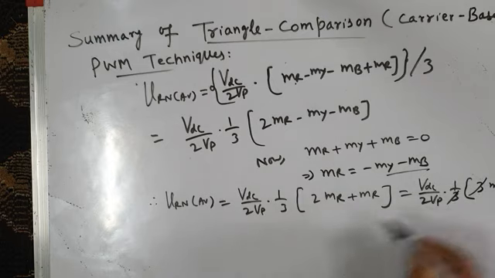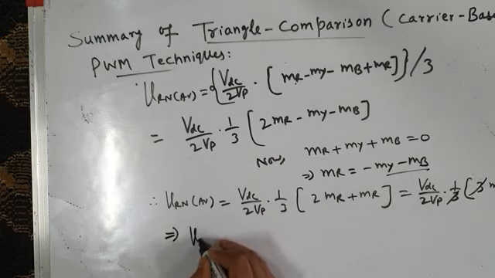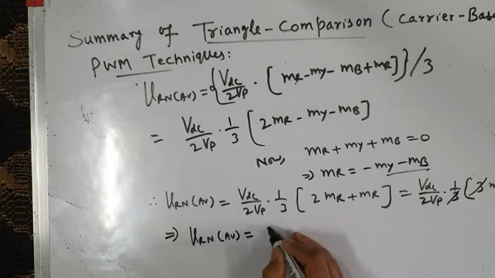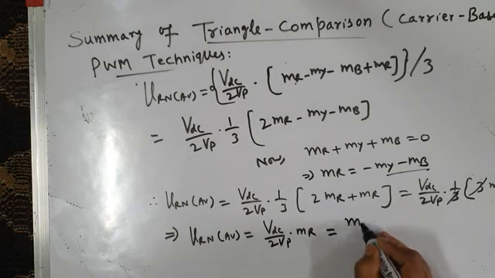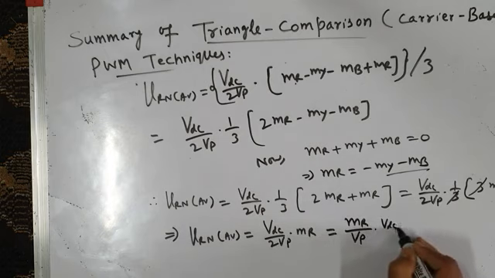So this 3 and 3 cancel. That gives the instantaneous average phase voltage VRN equal to Vdc by 2Vp into Mr. That can also be written as Mr by Vp into Vdc by 2.